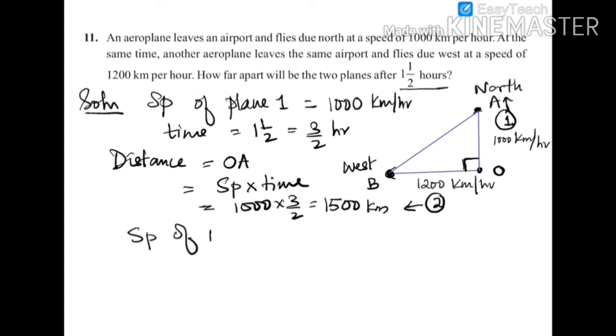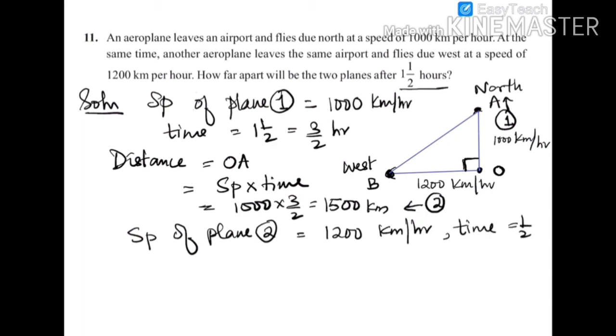Likewise, we can find out the distance covered by the second plane. So speed of plane 2 is given to us as 1200 kilometers per hour. The time taken by this plane is the same, that is 1.5 hours.